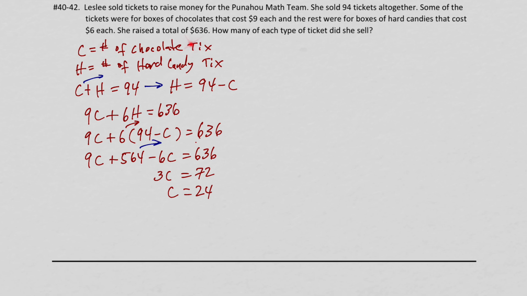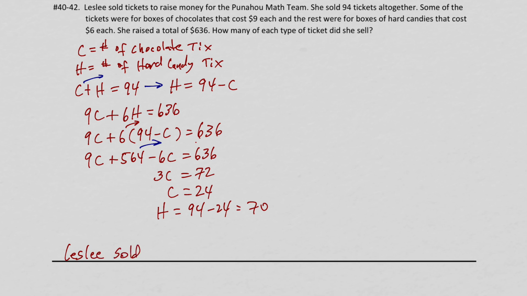C represents the number of chocolate tickets. Hard candies is solved here. H is equal to 94 minus C, which is 70.